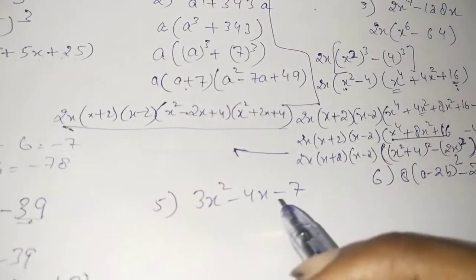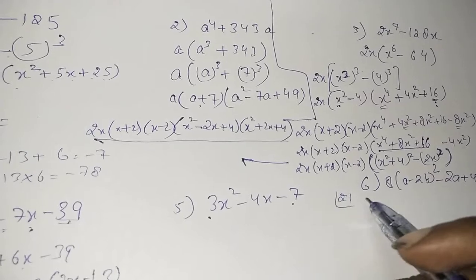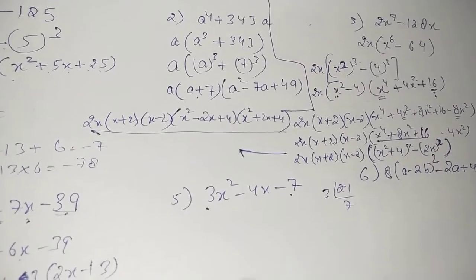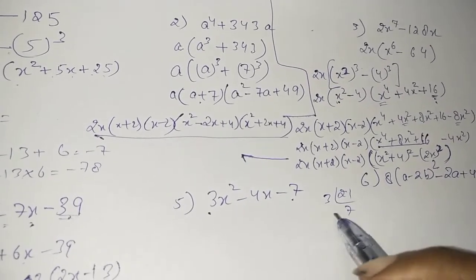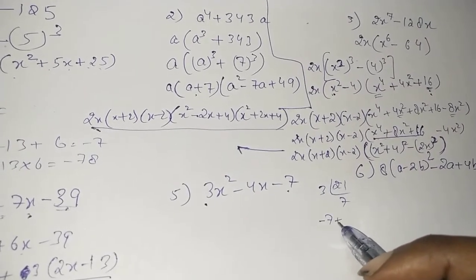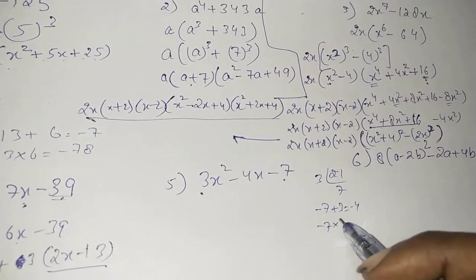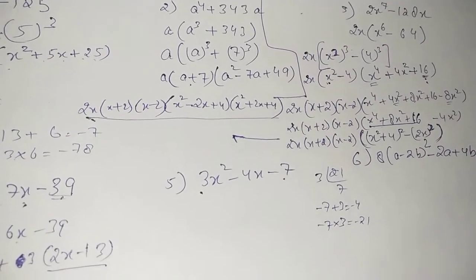Let's take this one again, the same thing: multiply minus 7 by 3, so that will be 21. Calculate the factors for 21, 3 and 7 itself. So using 3 and 7 we need to obtain minus 4. So if we take minus 7 plus 3, yes, we obtain minus 4, and when multiplied, minus 7 into plus 3, yes, we are obtaining minus 21.